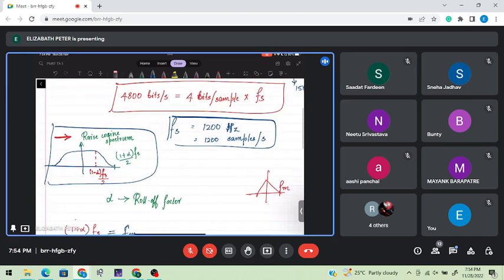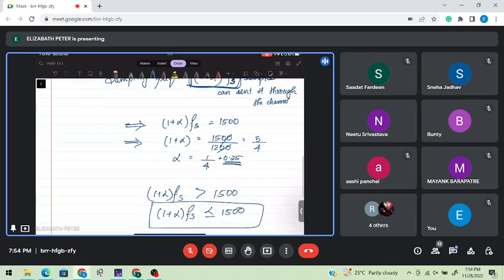See, 0.25 is the roll-off factor that utilizes the channel bandwidth fully. If I use something less than this, I will get (1 + alpha) fs to be less than 1500, so I won't be utilizing my channel fully.